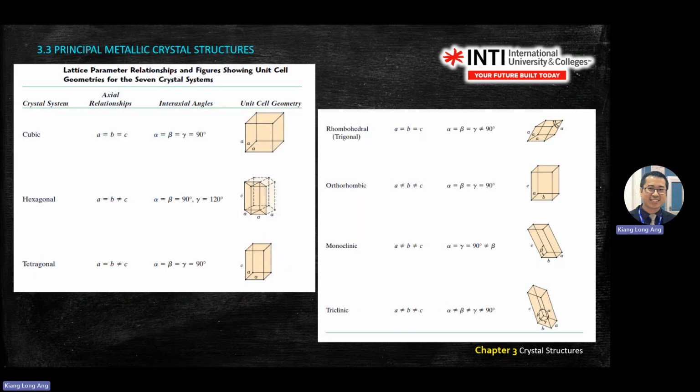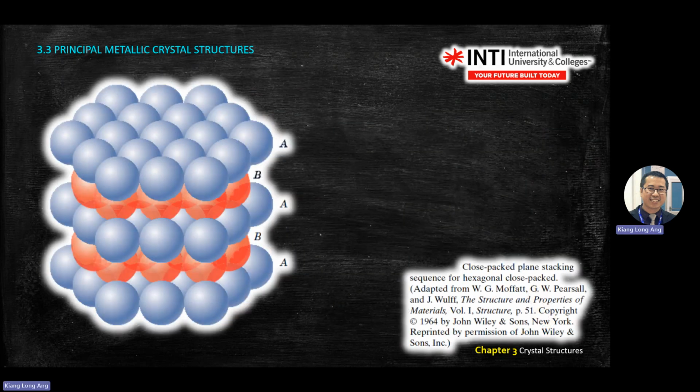We only look at these 2. Under cubic, you have 3 types: simple cubic, BCC, FCC. Hexagonal is one of them. So in total you have 4 types of crystal systems. Then this is a simulation of how it's being packed in HCP.